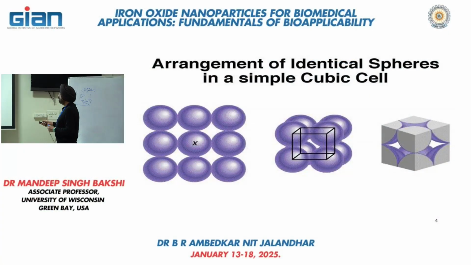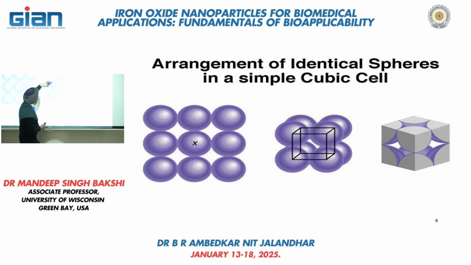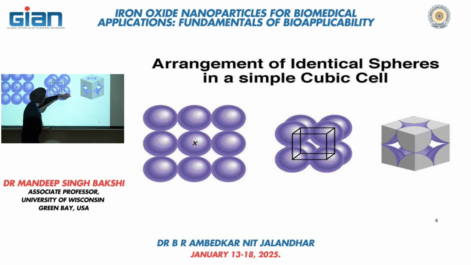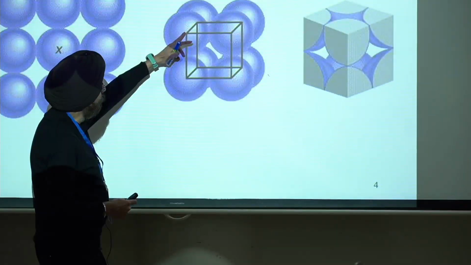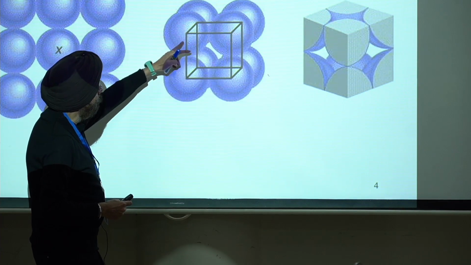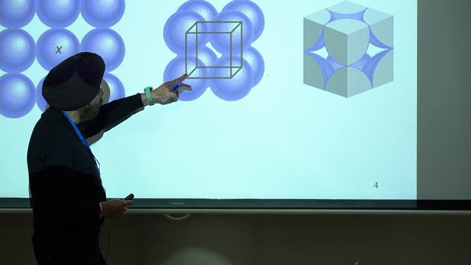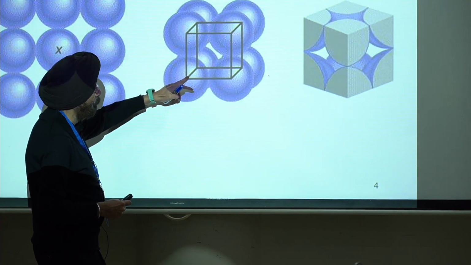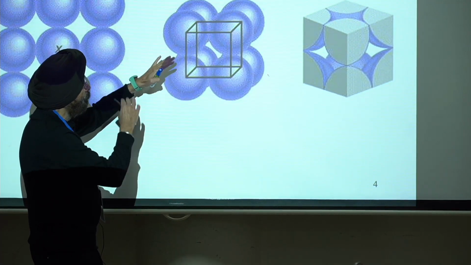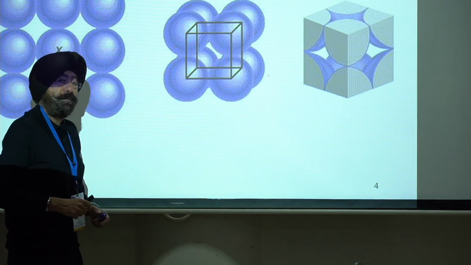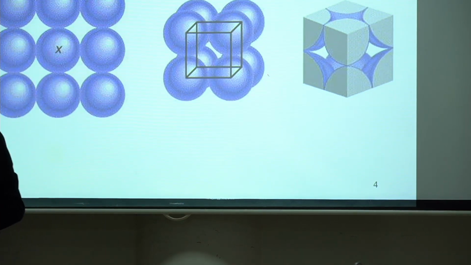A simple cubic unit cell is an arrangement of atoms. You may consider there is one layer of atoms, and there is another layer of atoms where each atom is exactly placed on the atom of the layer below, and this repeating unit repeats along the x-axis, y-axis, and z-axis.